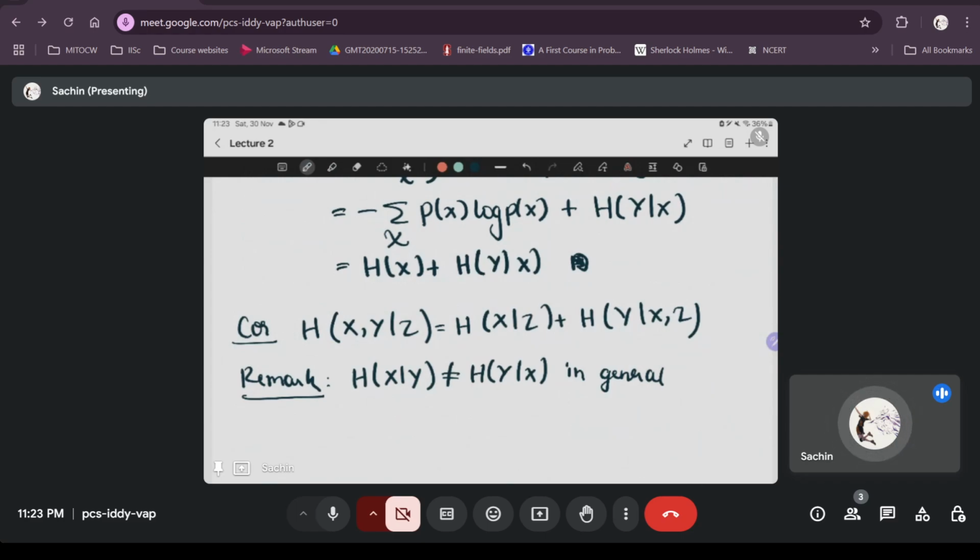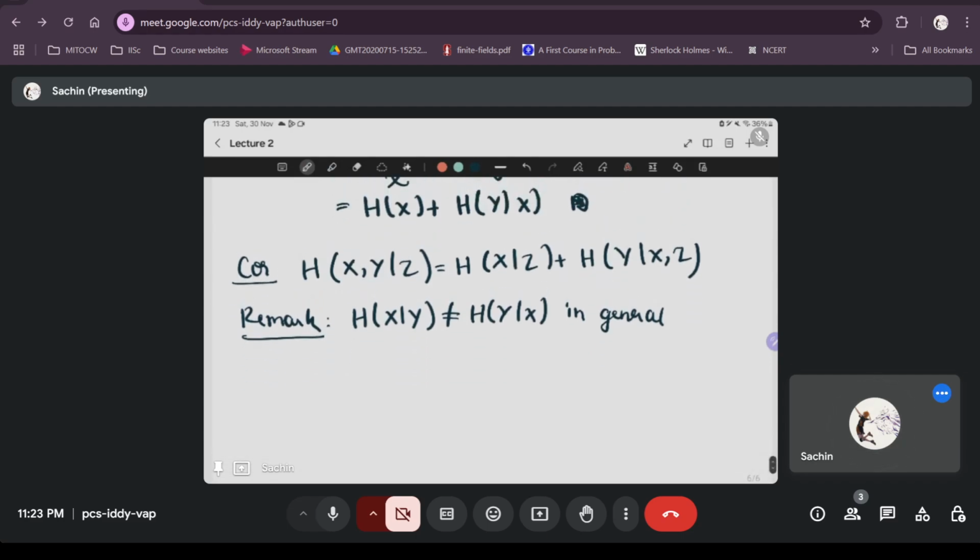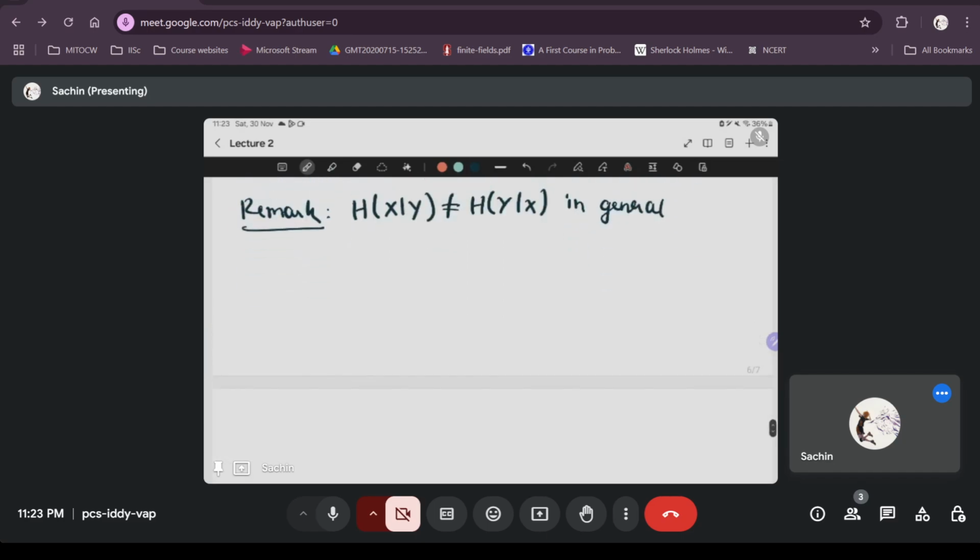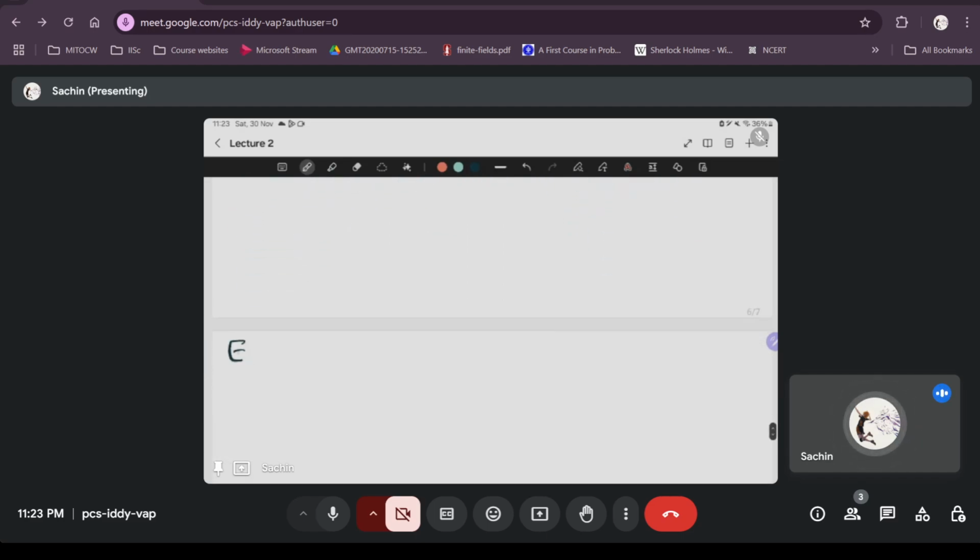Okay, I'll finish this with one example of how we would calculate all these quantities we have studied till now. So you have x, y with joint distribution as given below.